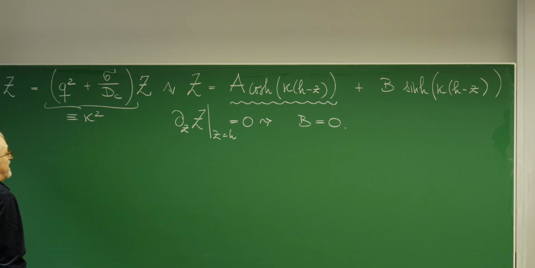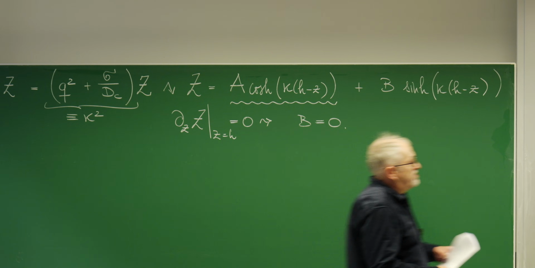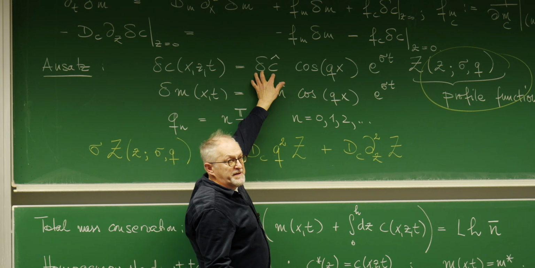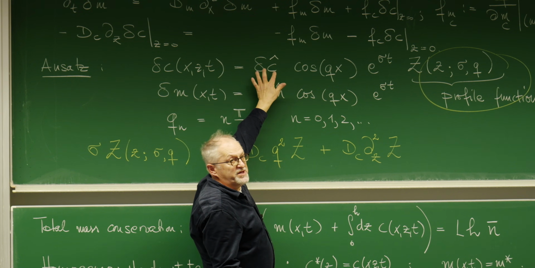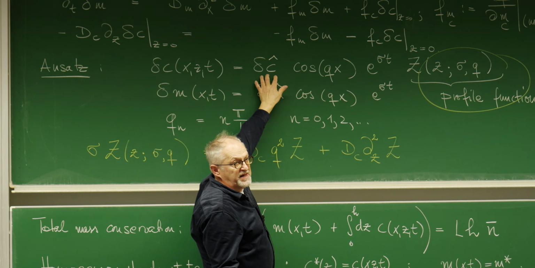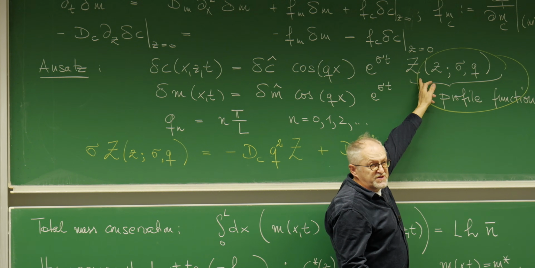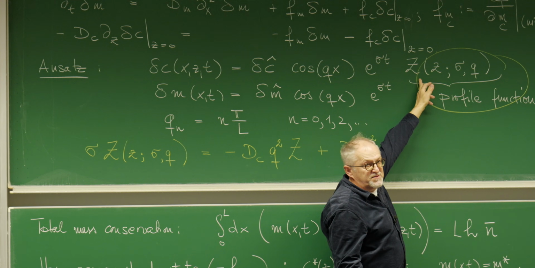Now let's normalize it, and there's a choice to make, right? Because when you look here at the right-hand side, we have an amplitude here already, and we can account for the amplitude by this factor delta c hat. And then we can conveniently choose the amplitude of Z as we like it.